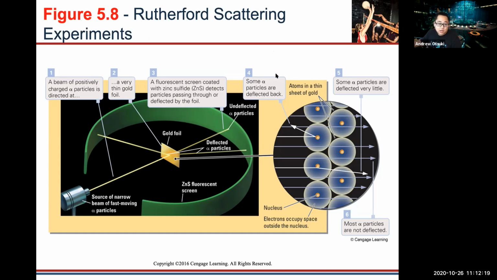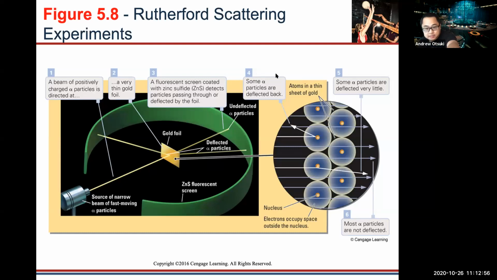So let's talk about Rutherford's scattering experiments. If you can see this diagram, what Rutherford did was shine alpha particles at this piece of gold foil, and the hypothesis was that we're going to determine whether atoms are mostly empty space or if there's something right dead in the center.